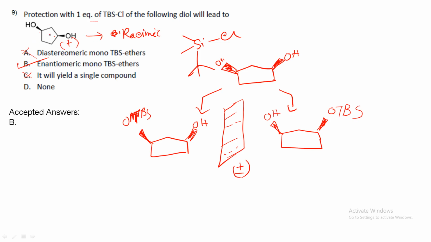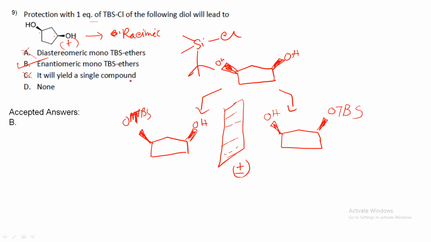The chiral centers we are not touching, but this type of selectivity, this way and this way, will lead to a racemic mixture. So that's how the molecule can also be racemized. It is a kind of observation.